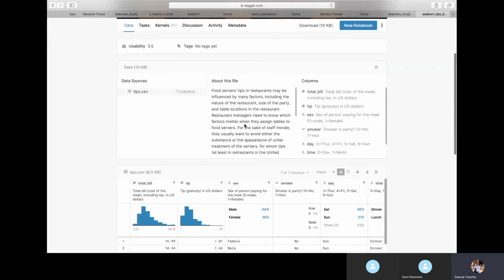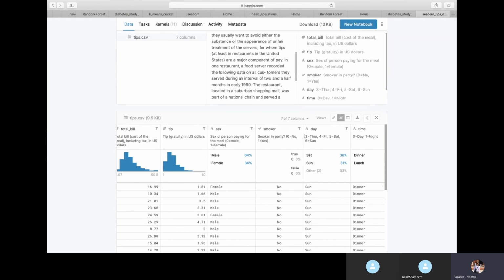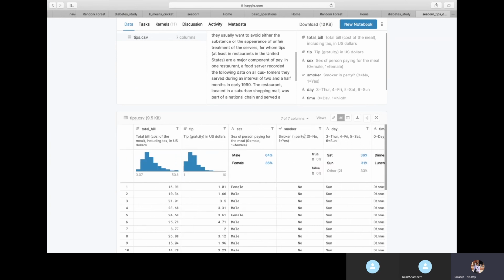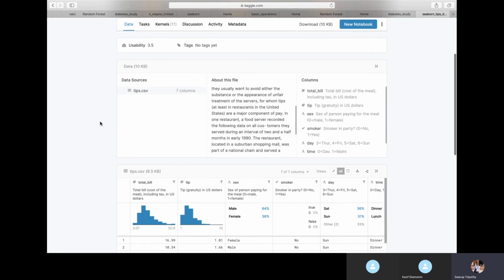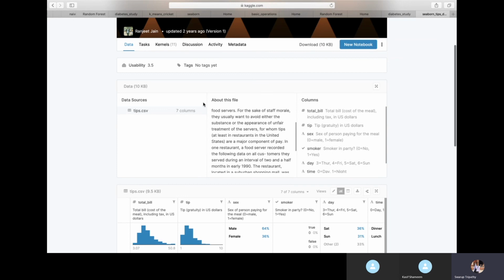Here it shows about the data set: total bill, tips, sex, smoker, day, time, size, all these things. It's a very small data set. It describes the file and the different types of columns we have. Try to understand this and plot different kinds of graphs. Whatever you studied till now using Seaborn, use all those graphs to analyze this data and figure out some insights. Whatever you analyze in your IPYNB file, you can share it with me over WhatsApp, and I will go through it and evaluate.